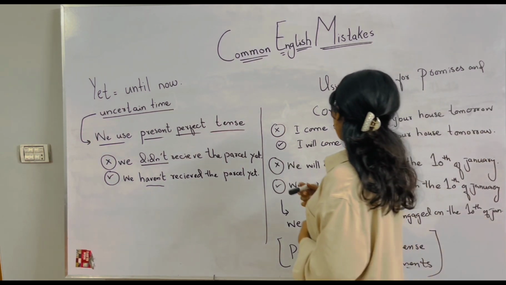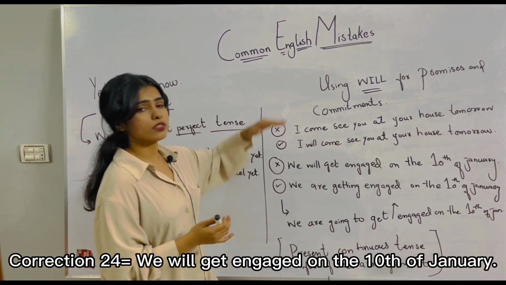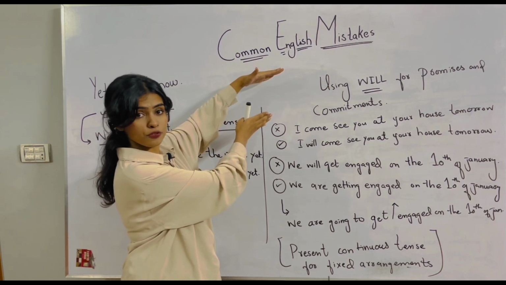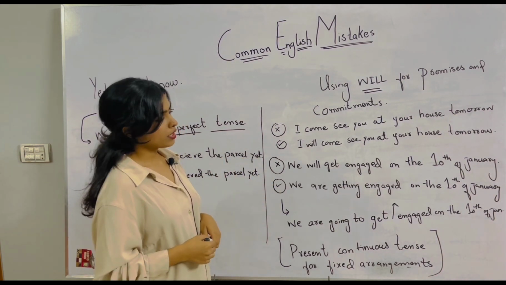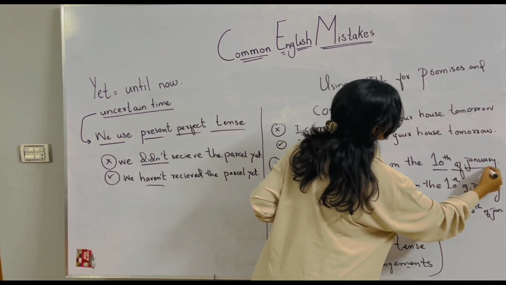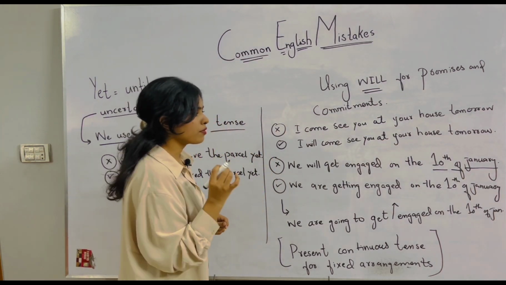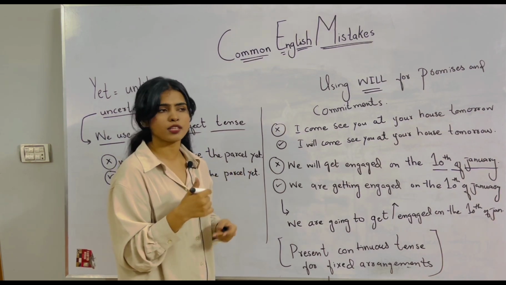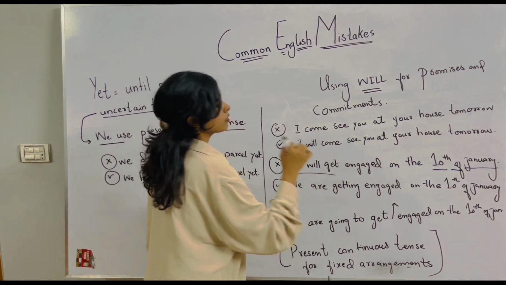Second would be, we will get engaged on 10th of January. Now according to this rule, we have to use will with promises and commitments. According to that rule, this sentence should be correct, but it's incorrect. Why? Because 10th of January, see, when we're talking about events that have a fixed date and time, events that have a fixed schedule or are planned arrangements that have to happen in the future, we can't just use we will with it.